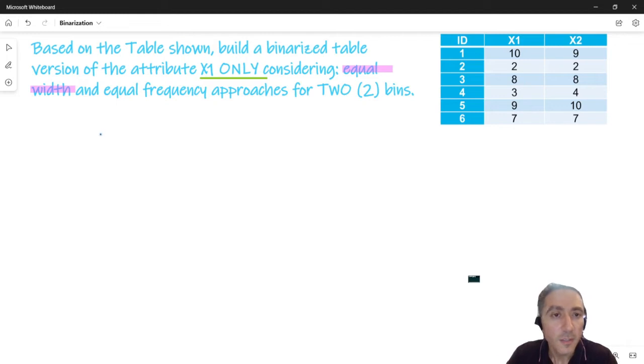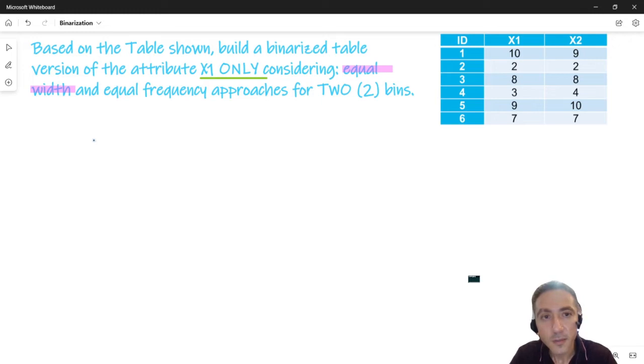I'm not going to look into the other dimension, just length. Since I'm applying equal width, the logical way is just to split up the farm equally based on its length. If it's 100 meters, that means 50 meters go to the first bin, another 50 meters go to the second bin, right? So this is equal width, a very simple way.